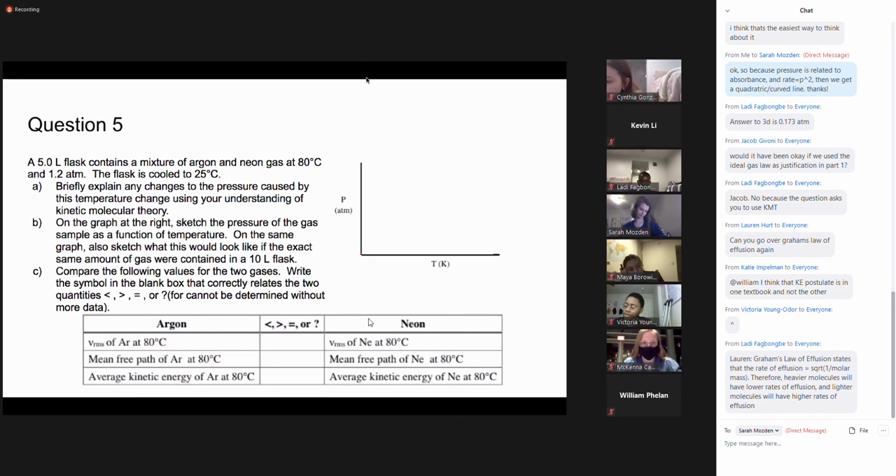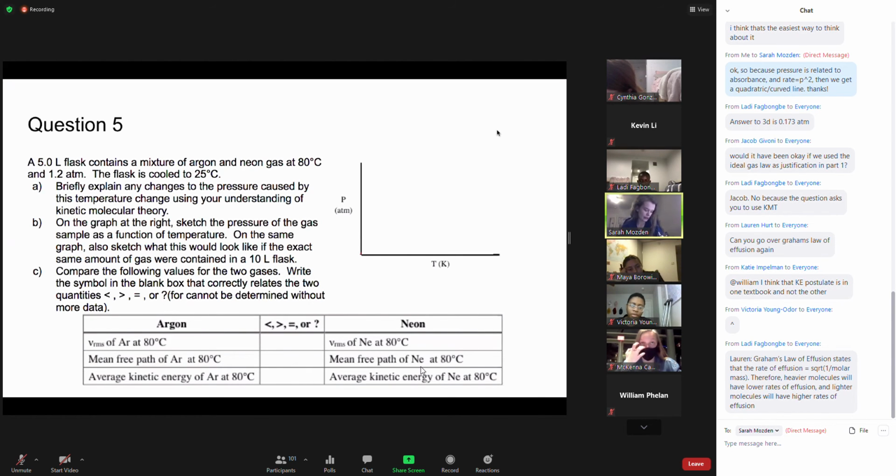So from the VRMS equation, you can see that it's inversely proportional to molecular mass, or the square root of it. So therefore, it should have a higher VRMS. Yep. So the VRMS equation states that the root mean squared speed is equal to the square root of 3RT over M. So that means M is inversely related to the root mean squared speed. And since neon has a smaller mass, it has a greater root mean squared speed.